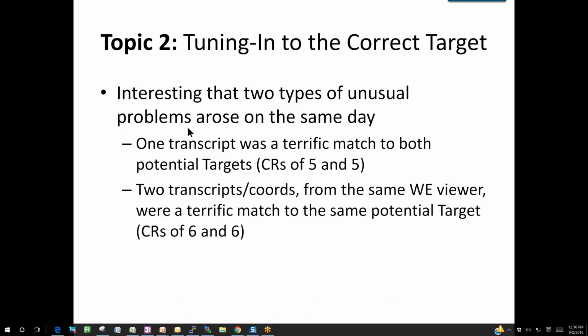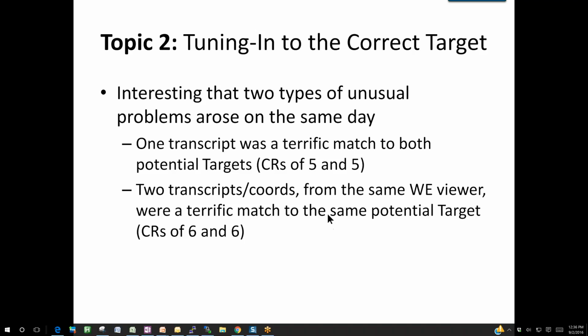Okay, there was a second transcript, a second issue, and this one, because of the way the Winning Entanglements program works, the WE program, one person actually does two transcripts going after two separate feedback targets.